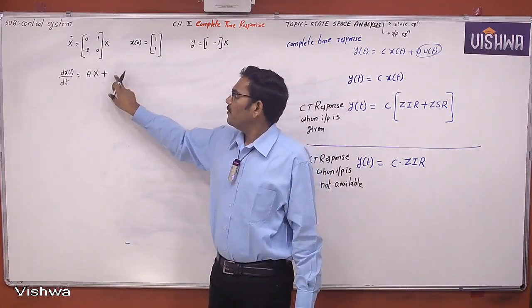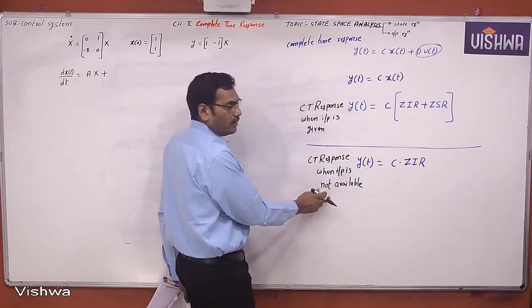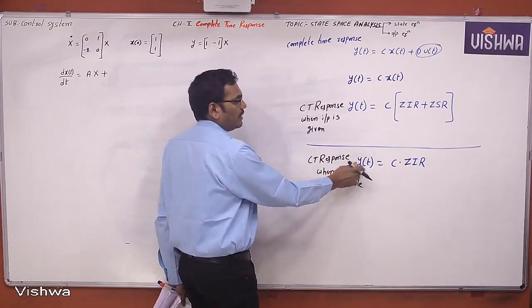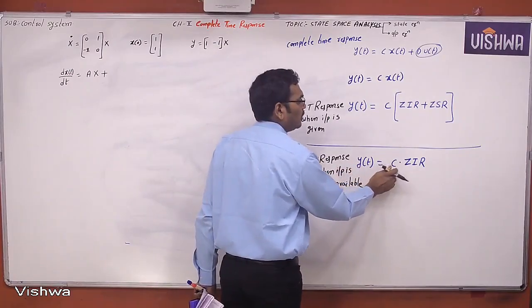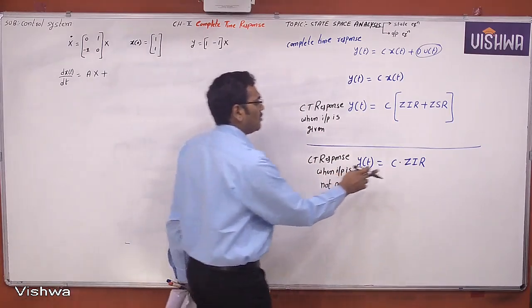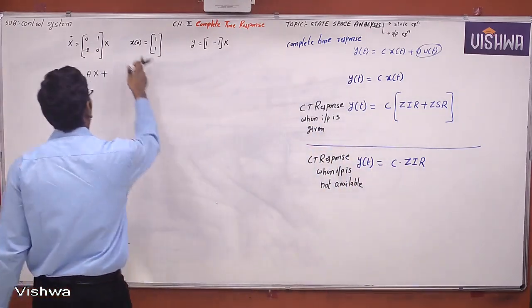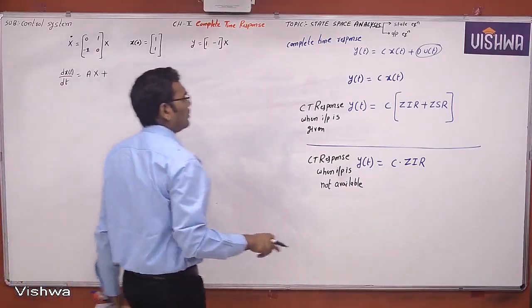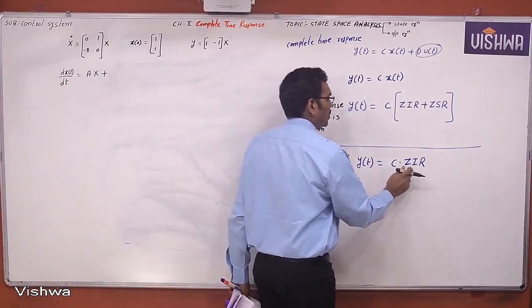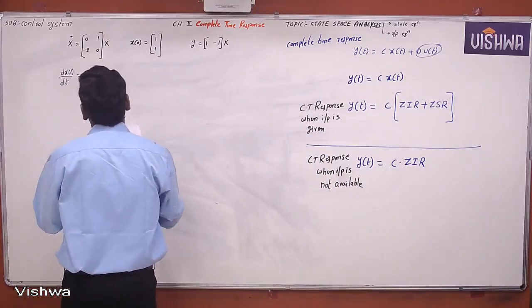Which means that when B is not there, when u is not there, input is not available. When input is not available, then the complete time response is equal to C into the zero input response. Understand?